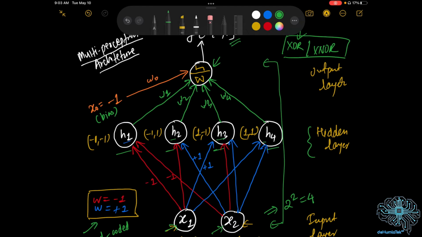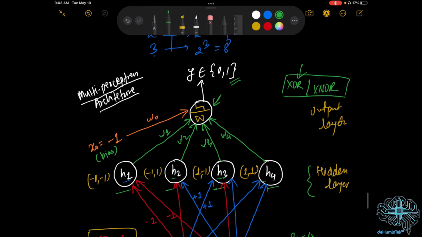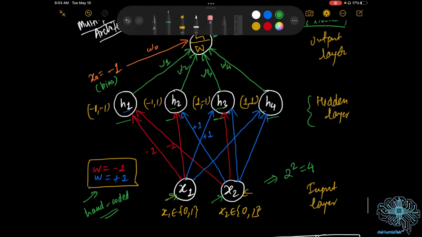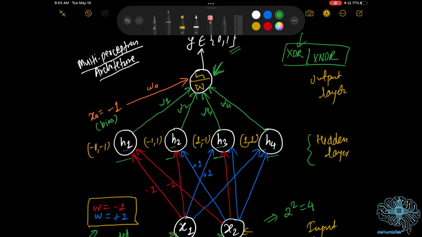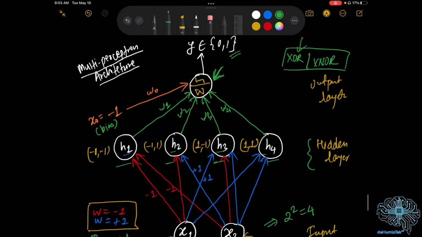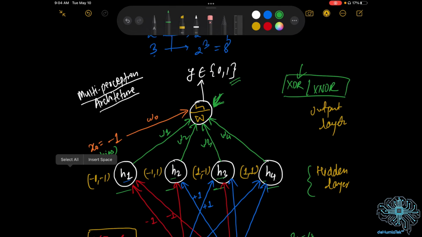The output is giving 0 or 1, indicating if this neuron is firing or not. So for different values of input, if X1 and X2 are different, if it is 0 and 1 or 1 and 0, then the neuron should fire.